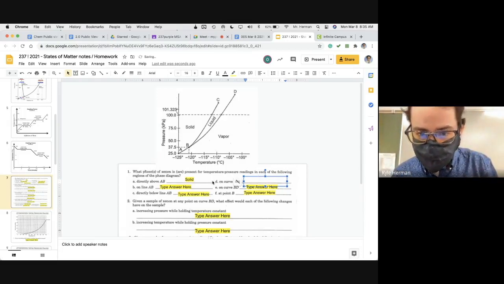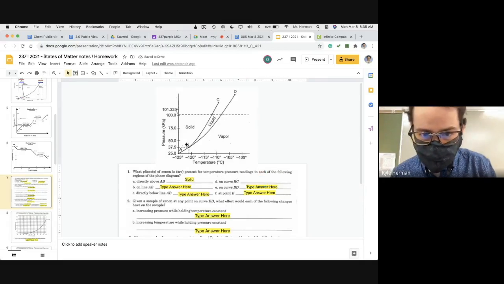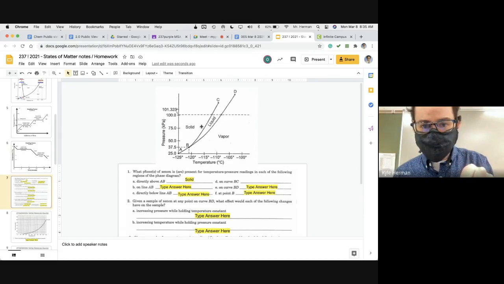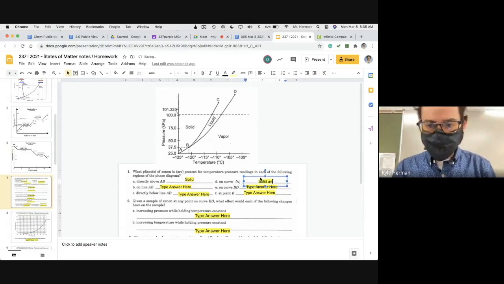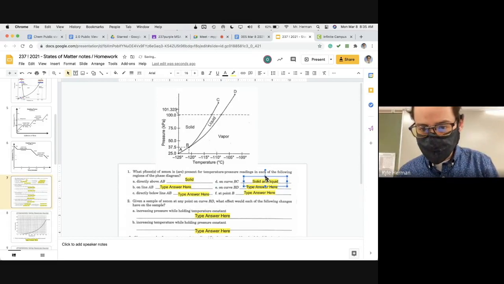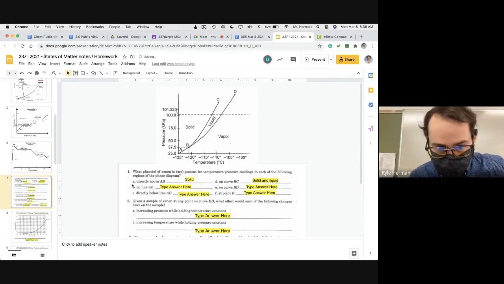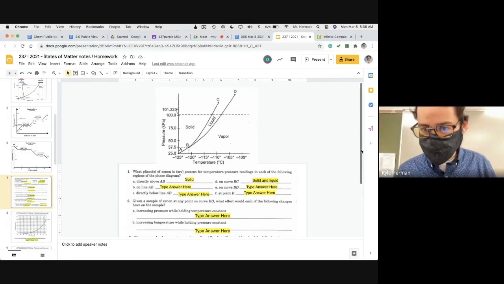B and C, it would be both whatever's to the left and the right of it. So it would be solid and liquid. So we would say solid and liquid. Okay. And then that's pretty much all of those. All right, so that's number 1. So you guys are going to fill in the others in a sec.